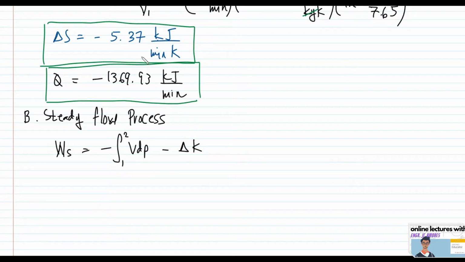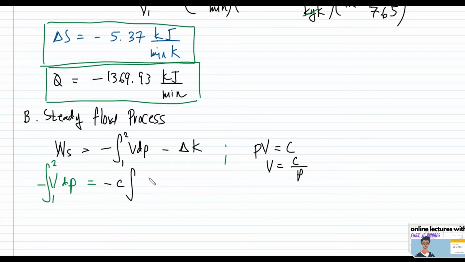So first, let's evaluate what this negative VdP is, the integral of negative VdP from 1 to 2. Now, our V, we could get that substitution from PV equals C because it's an isothermal process. So V here would be equal to C over P. If we substitute that, we'll have negative C integral of dP over P with limits from 1 to 2.